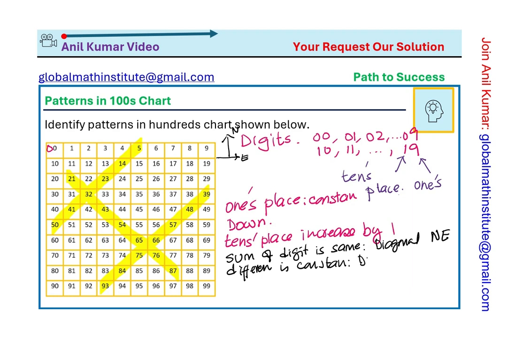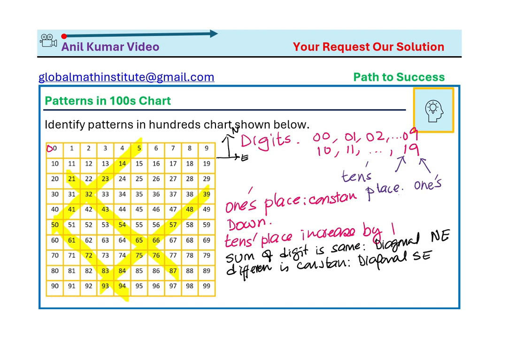You can check any southeast diagonal. So let's take this: 5 minus 0 is 5, but 6 minus 1 is also 5, 7 minus 2 is also 5. So the difference is constant, correct?